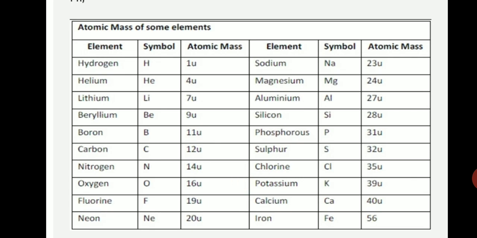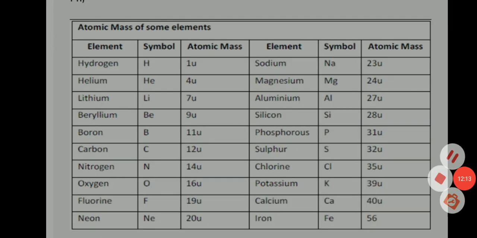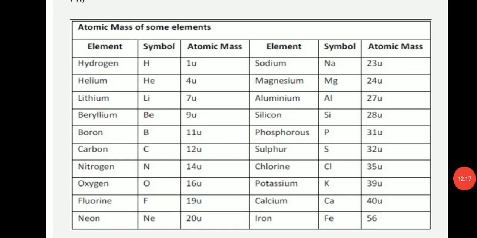These are the elements with their atomic mass that we will study later. Some of the elements and their symbols. You have to learn all these by heart. I will teach you more about these elements in the next class.